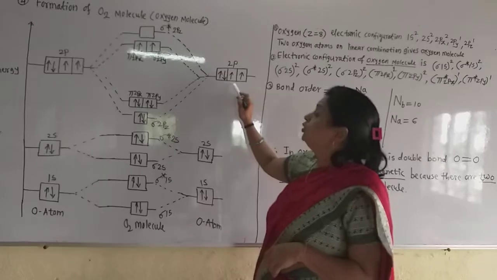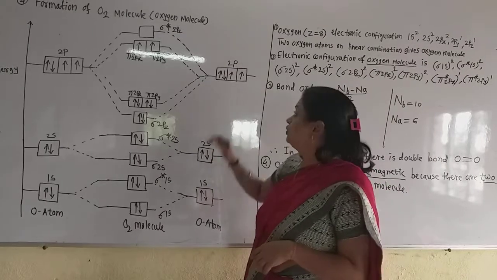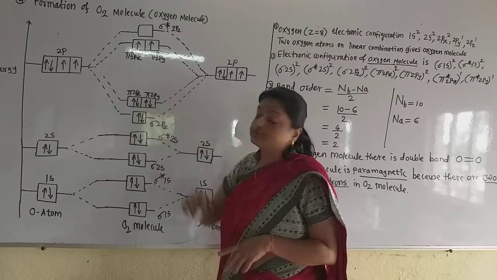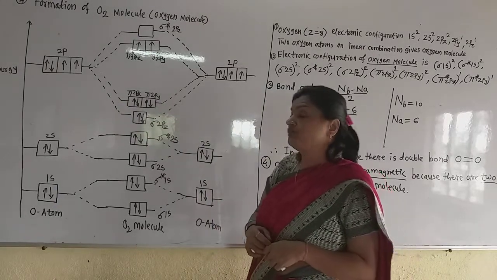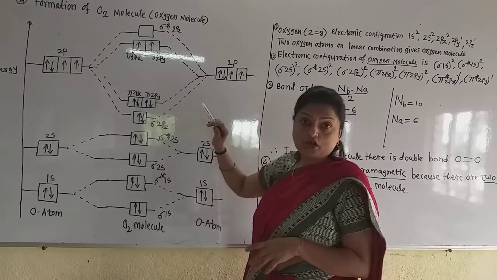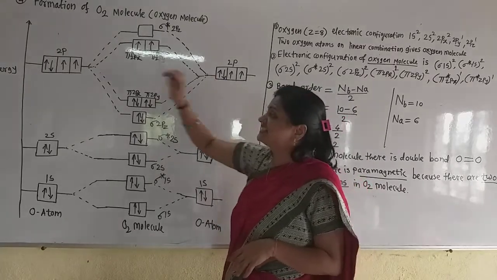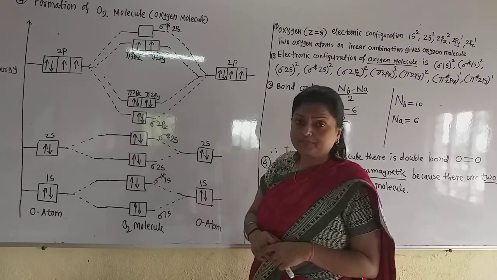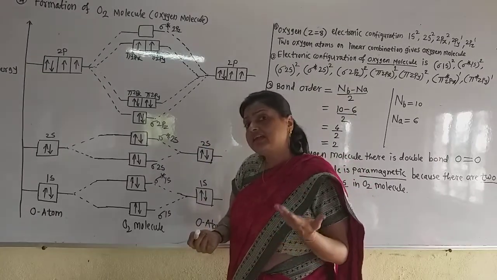Now the 2p orbitals have 2px, 2py, 2pz. Similarly the other oxygen atom also has 2px, 2py, 2pz orbitals. Now there are a total of 6 atomic orbitals, so 6 molecular orbitals are formed, as we already saw in the nitrogen molecule.